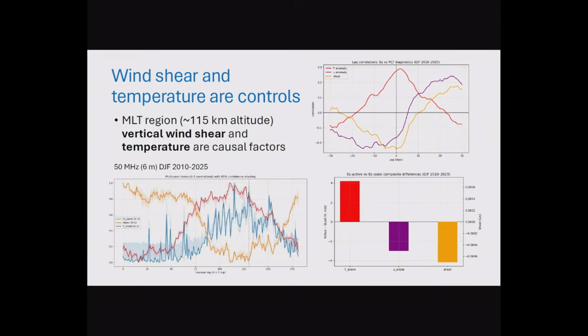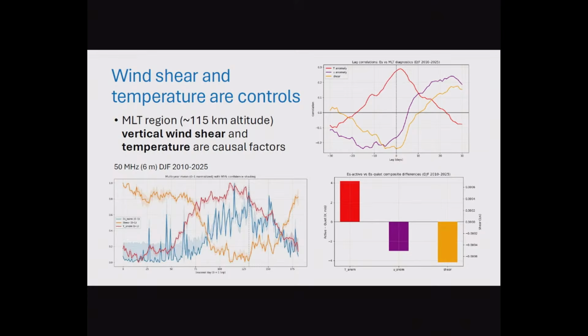And the theory tells us that wind shear and temperature have some relation. And I guess what I'm looking at here is what's happening in the VK region based on the more recent data.